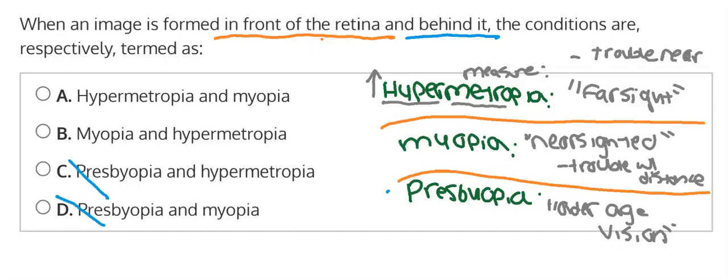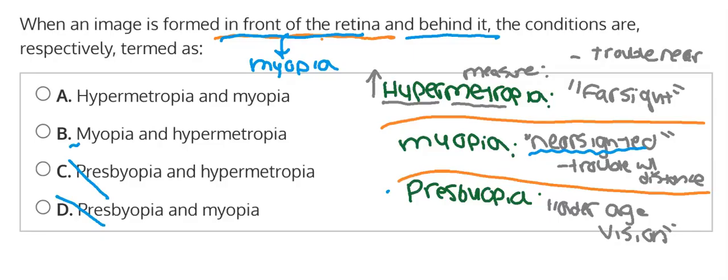So now between being in front of the retina and behind it, what would be the order of myopia versus hypermetropia? So if myopia is nearsighted, it has to do with objects being close to the front, and we're having trouble with distance vision. So therefore, when this question is asking which is in front of the retina, it makes sense for it to be myopia because this has to do with near vision.